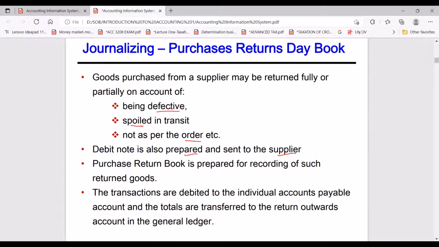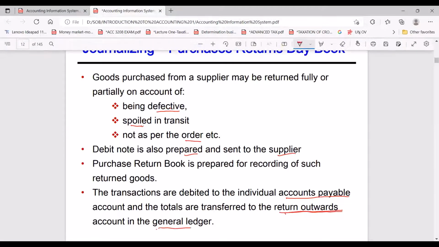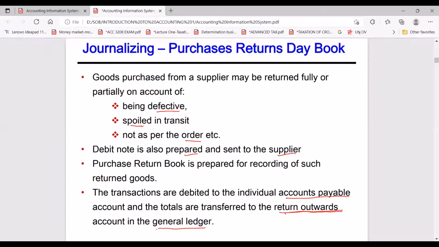The transactions are debited to the individual accounts payable accounts for the suppliers who have accepted the return of the goods for a genuine reason. And then the totals are transferred to the return outwards account in the general ledger, which then becomes a credit in the return outwards account.